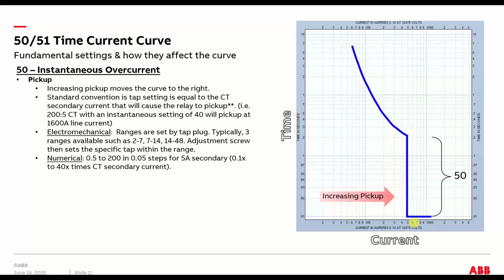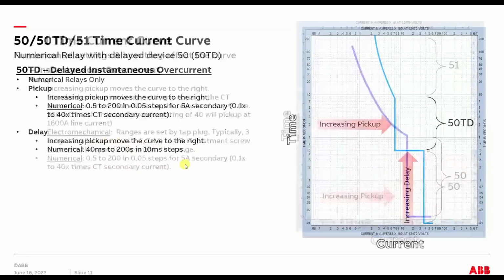But the point is that there's no intentional delay. So the only thing you really have to be concerned with in terms of setting is that pickup value, and increasing that pickup value increases the current at which the relay is going to operate, so it goes to the right. Again, same issue with resolution: much better resolution on the numerical relay versus what you had with the mechanical.